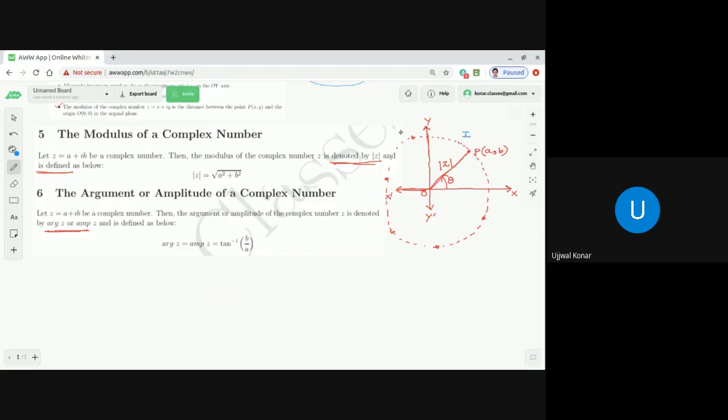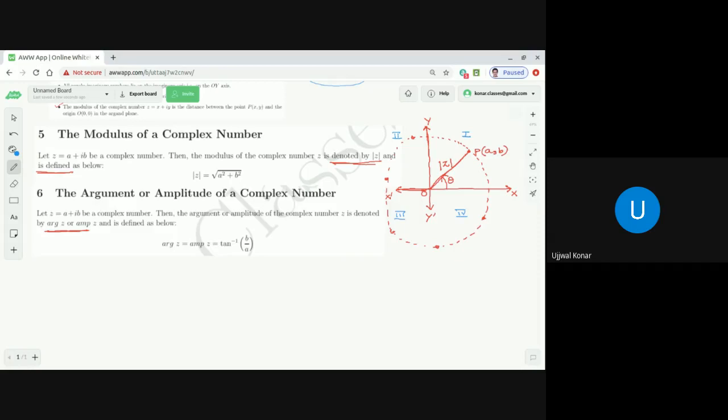This is the first quadrant, this is the second quadrant, this is the third quadrant, and this is the fourth quadrant. When the complex number is in the first quadrant, then tan inverse of b by a is the amplitude or argument, but not always. When the complex number is in the second quadrant, it is different.